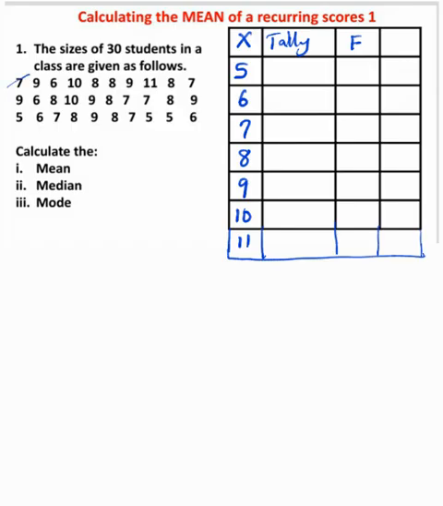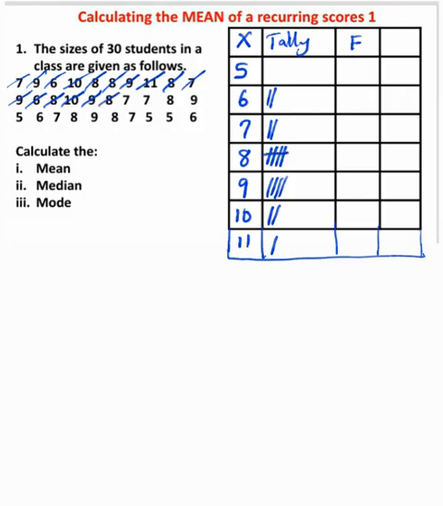We have 7 here, 7. We have 9. We have 6. We have 10. We have 8, 8, 2. We have 9 again. We have 11. We have 8. We have 7, 9, 6, 8, 10, 9, 8.